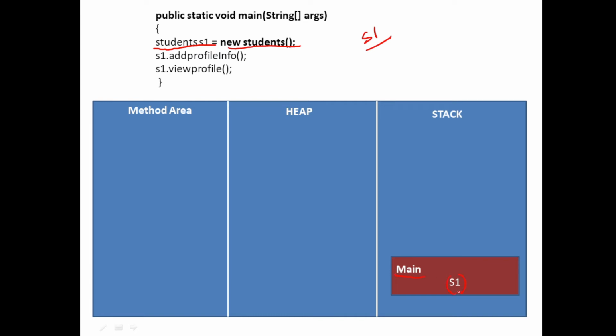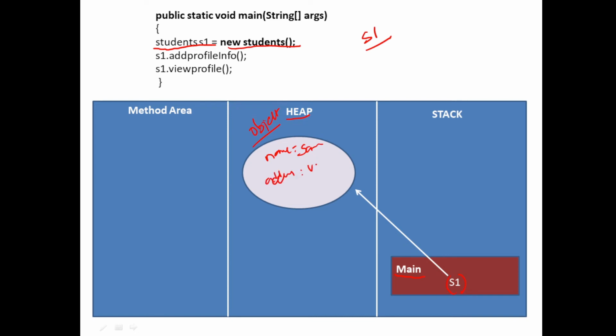So S1 will be pointing to an allocation for your object. This is your allocation for the object on the heap, and whatever data you're going to add, say name Satish, here you have address Vellore, and say some phone number you have, say 99650, something like that.